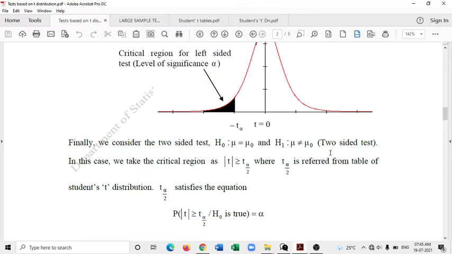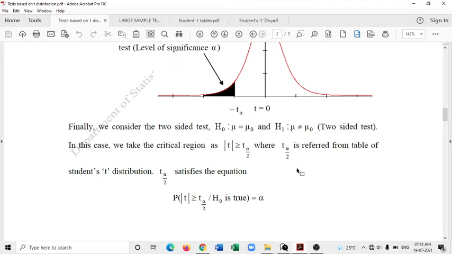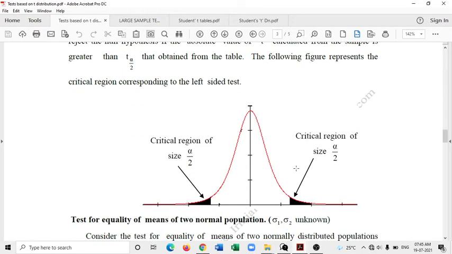Therefore, we have T alpha by 2 from tables of students T distribution, and the rejection region is either T less than or equal to minus T alpha by 2 or T greater than or equal to T alpha by 2, or combining those two, modulus T greater than or equal to T alpha by 2.